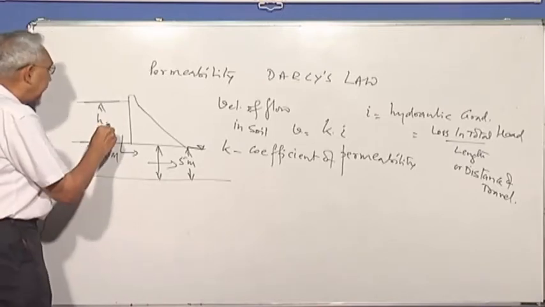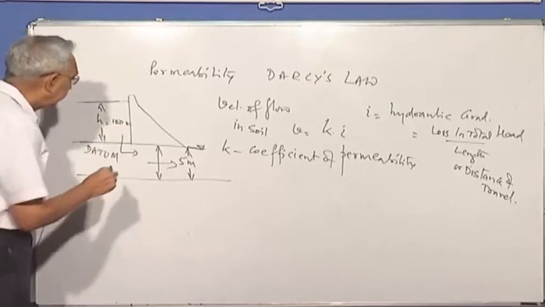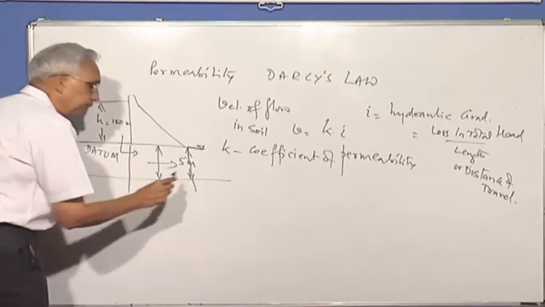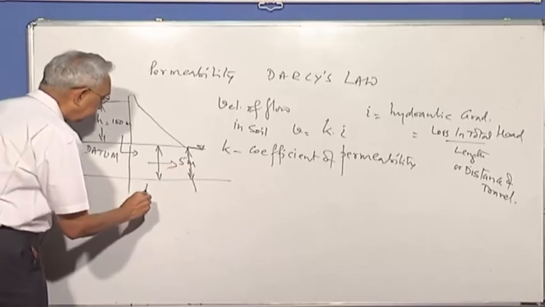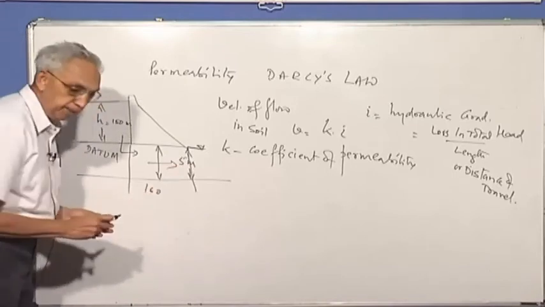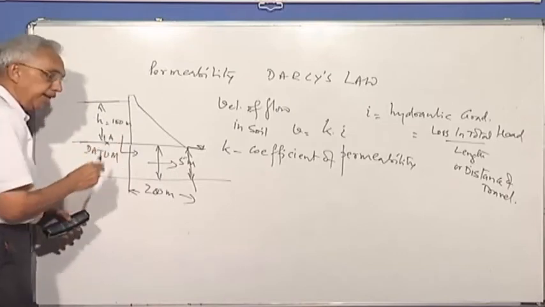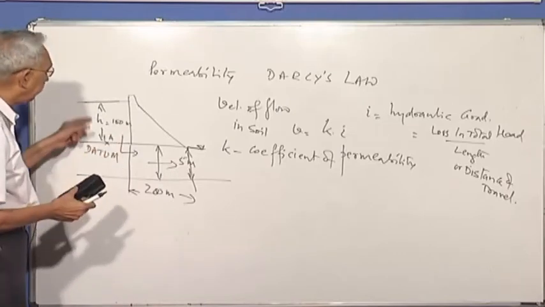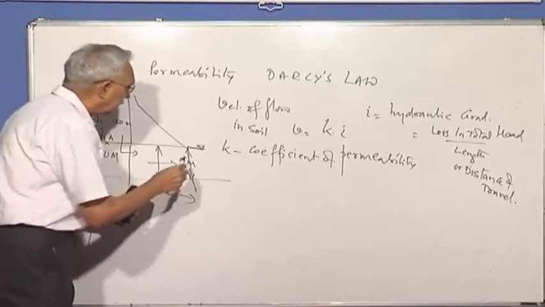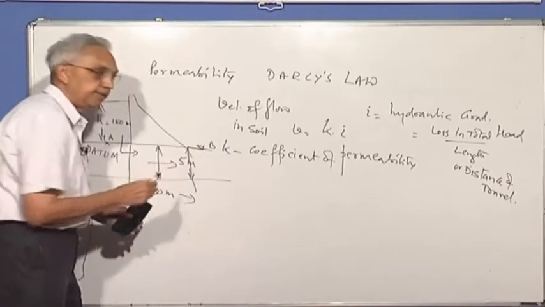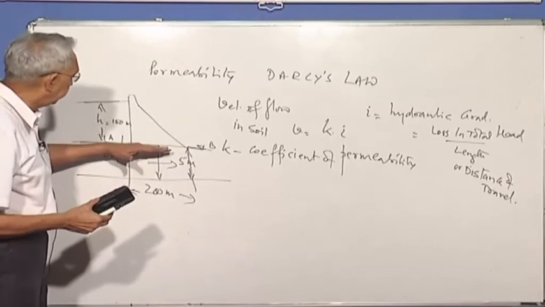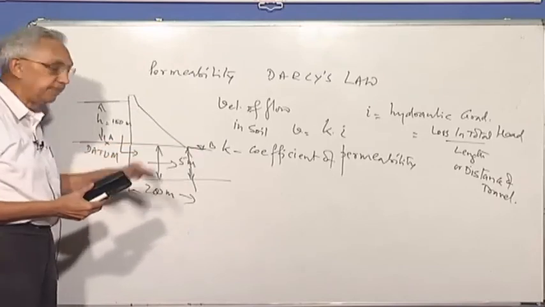Let's say this height is 100 meters and the base width of the dam is maybe something like 160 meters or maybe 200 meters. The total head at point A on the upstream side is 100 meters. The total head on the downstream side at point B, if I take the datum here at the base of the dam, is 0.